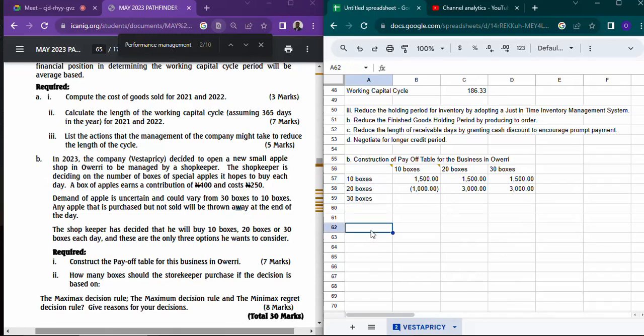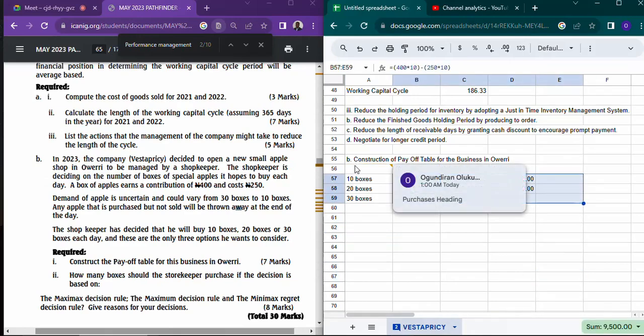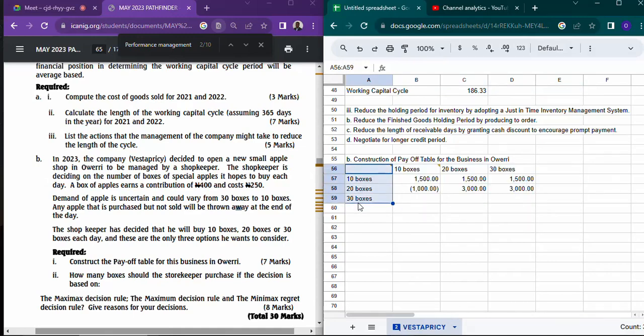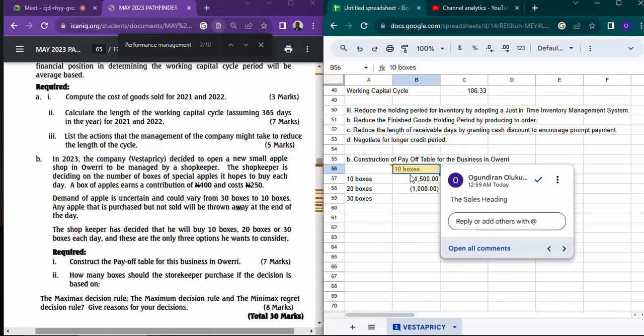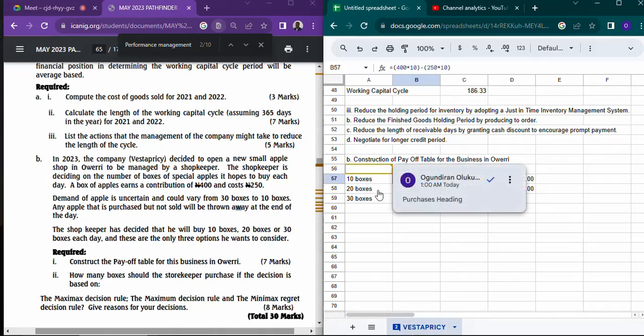But let's bring it to reality. You wouldn't sell what you don't have. So everything you have in here is restricted to what you have here. So the first one is you are selling 10 boxes, right? That means you purchased 10 boxes.